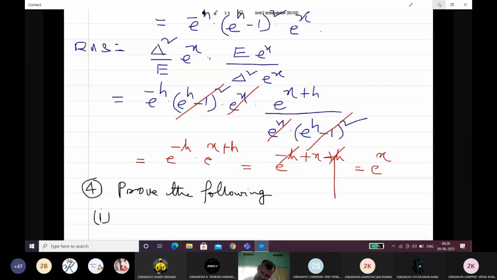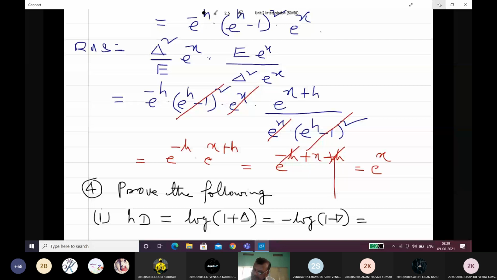hD is equal to log of 1 plus delta, that is also same as minus log of 1 minus delta, is equal to sin h inverse mu delta.